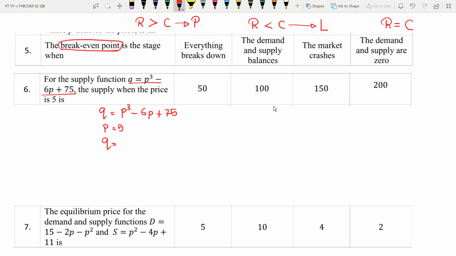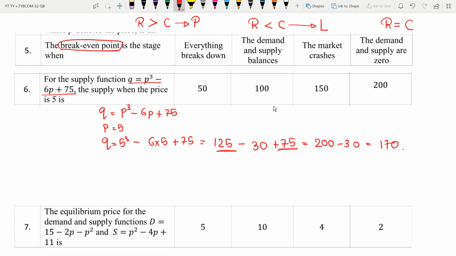So it is 5 cube minus 6 times 5 plus 75. Okay, what is 5 cube? It is 125. 6 fives are 30, plus 75. And if I add 125 plus 75, it is 200. Yes, isn't it? It is 200 minus 30, and that is 170, the answer.